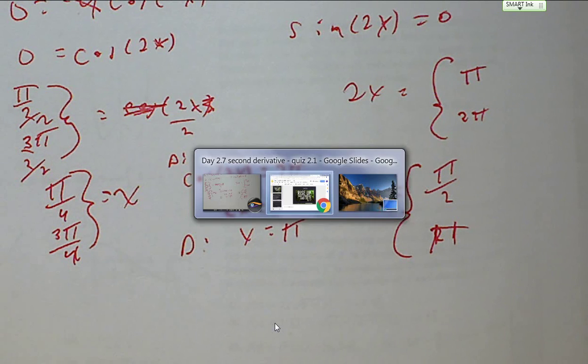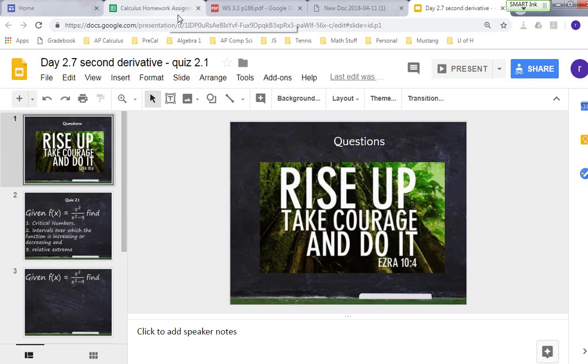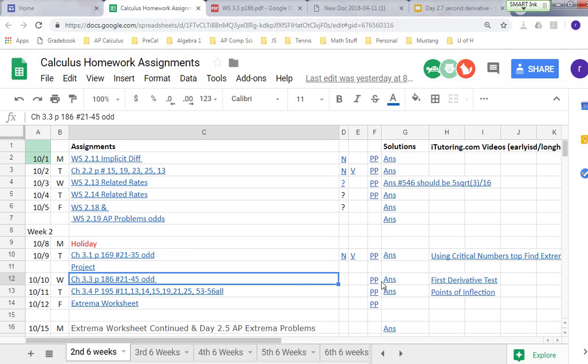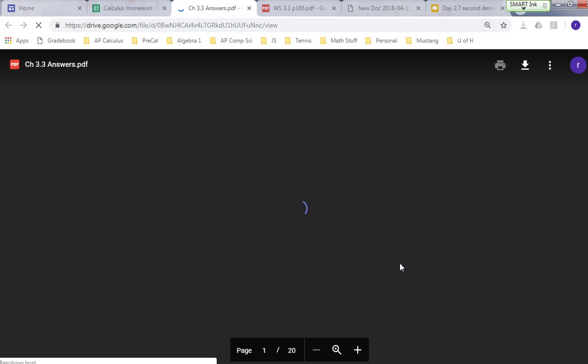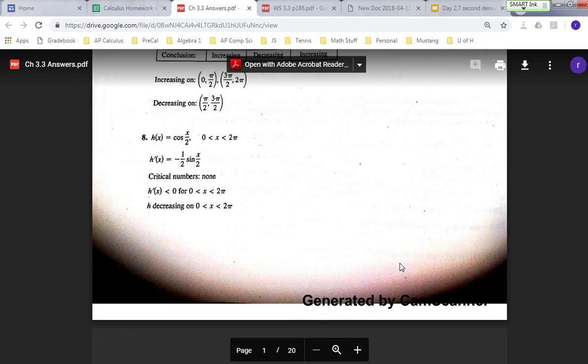I feel like I am forgetting something. I want to go look at what I did just to make sure I'm not forgetting anything. What number was that one? 43.